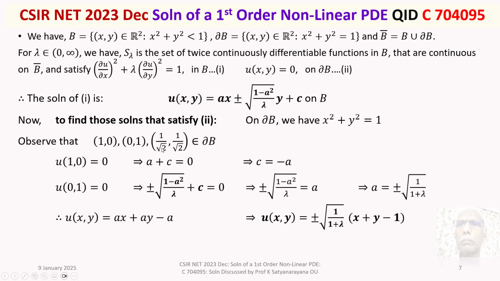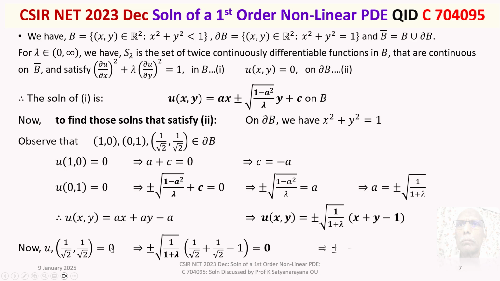We have not used this condition, 1 by root 2 comma 1 by root 2 is on the boundary, therefore it should satisfy. So substitute x is equal to 1 by root 2, y is equal to 1 by root 2, then u of 1 by root 2 comma 1 by root 2 is 0.